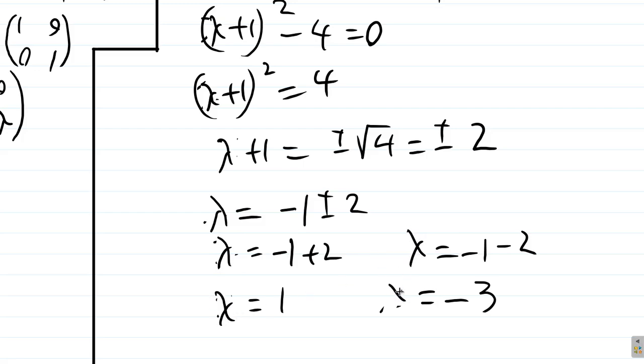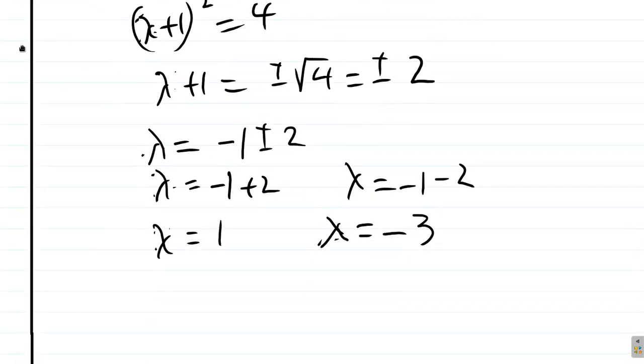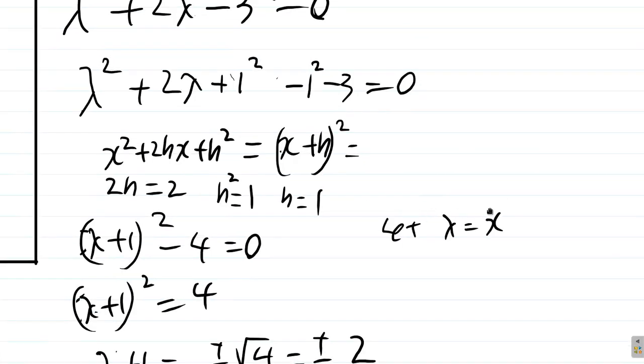Now, of course, I erased the x's and changed them to lambda. But if you mix them up in an exam, just put up here, let lambda equal x, and then after you put the x, you can't change the x back to lambda, because you already said let lambda equal x. Lambda and x would be the same thing.